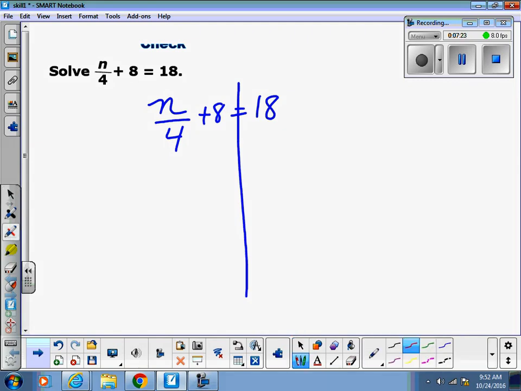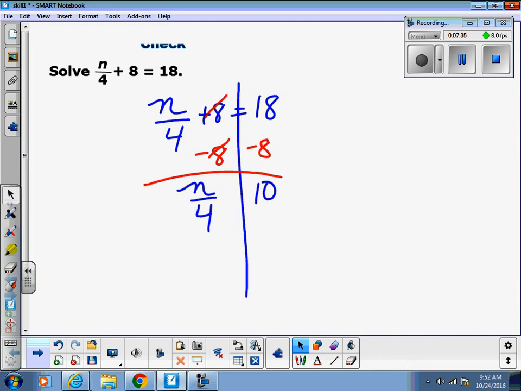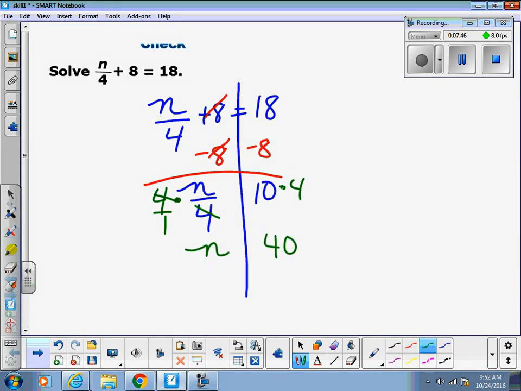Subtract 8 on both sides. We get n divided by 4 is 10. And to undo the division, we multiply by 4 on both sides. These cancel. We get n is 40.